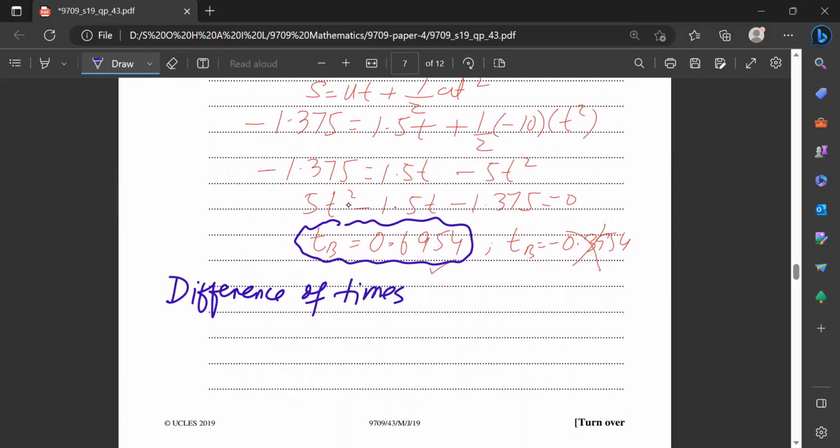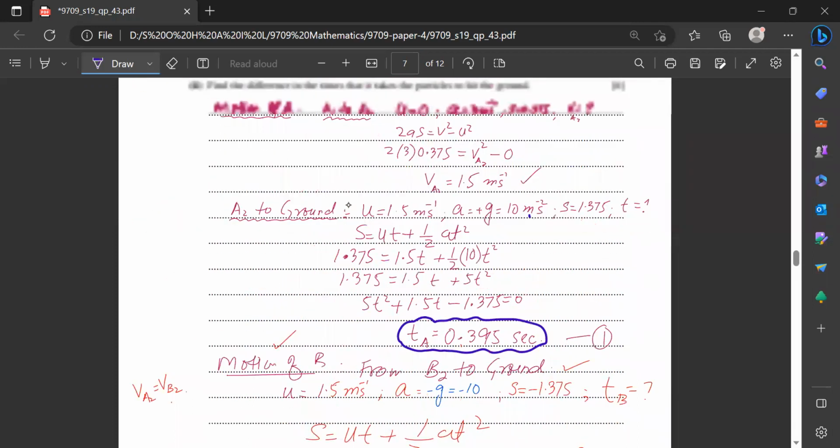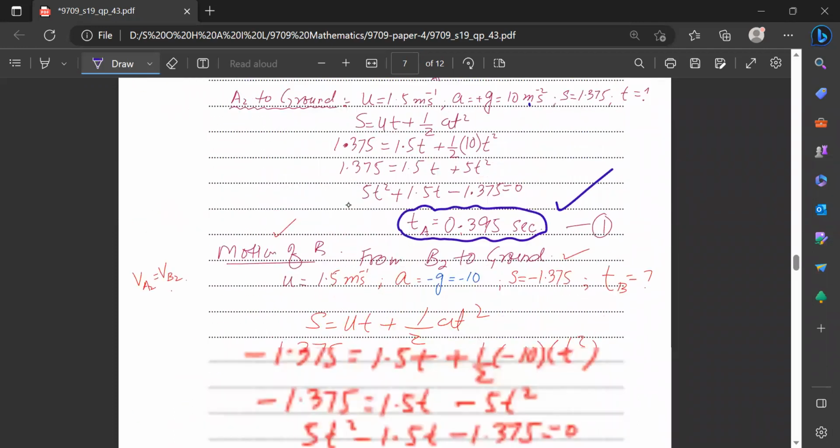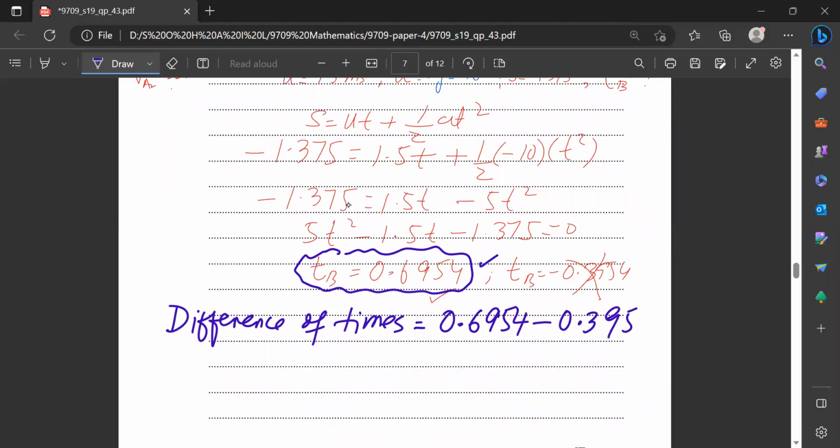So the required difference of the times is 0.6954 minus 0.395, which is equal to 0.3004, simply 0.3 seconds.